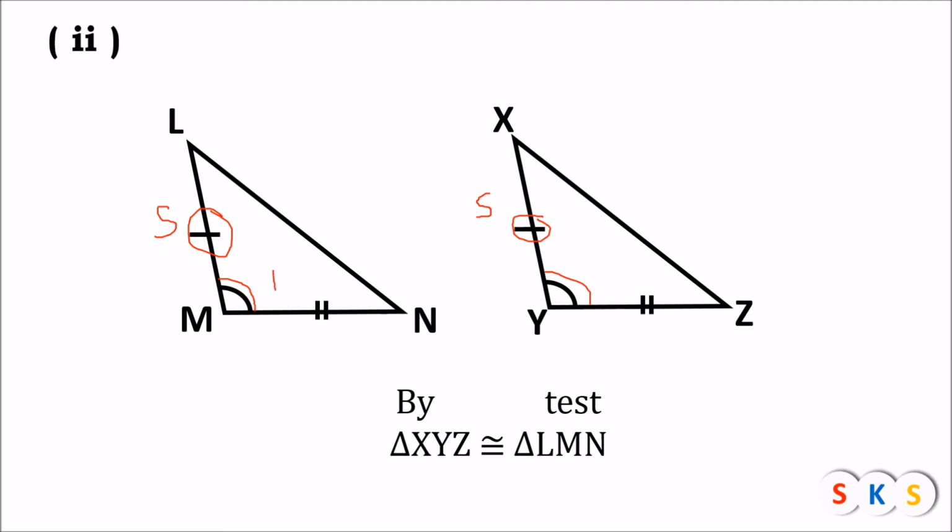Therefore angle LMN is congruent to angle XYZ. Okay, and side MN and side YZ got the same kind of mark. Therefore side MN is congruent to side YZ. Therefore these two triangles are congruent by SAS test.